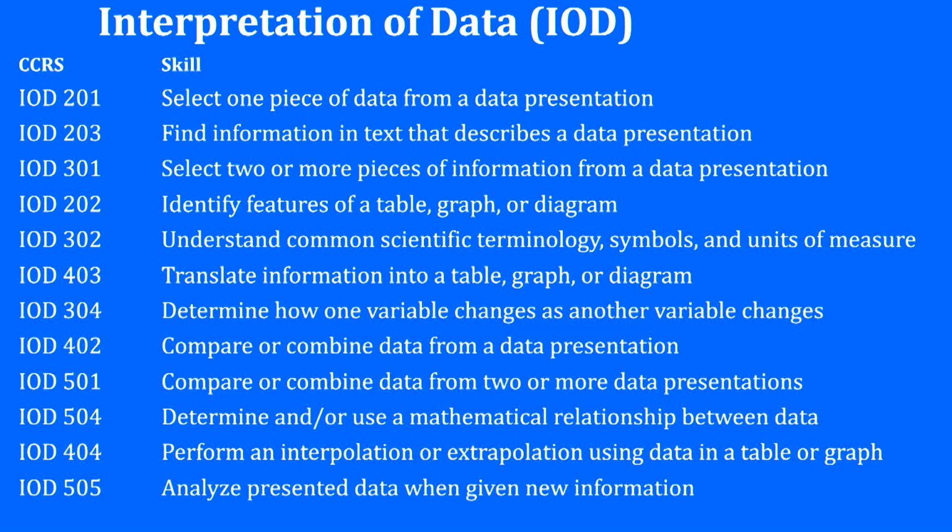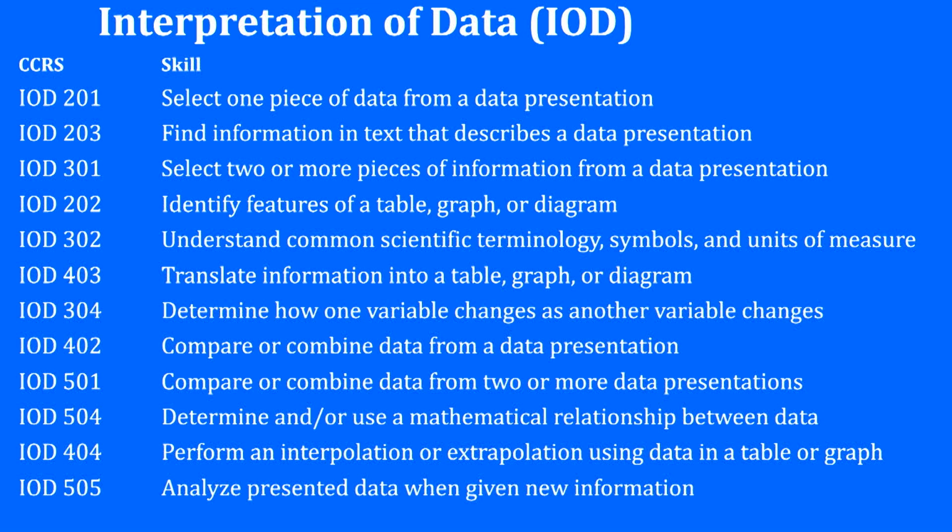So IOD 505 says, analyze presented data when given new information. So again, what this will do is it'll often say, suppose we find this new information out, and then you have to go see how it's going to line up in the table or graphs.